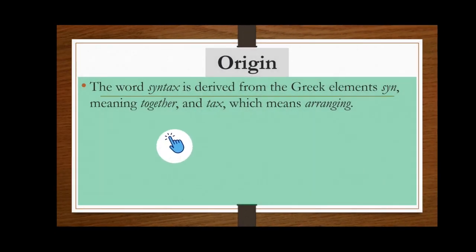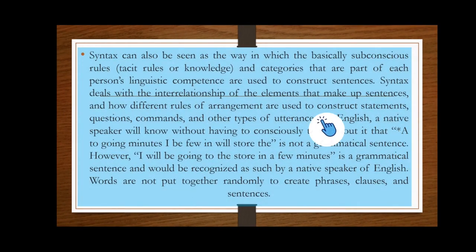Origin of syntax: the word syntax is derived from the Greek elements syn, meaning together, and taxis, which means arranging. Syntax can also be seen as the way in which the basically subconscious rules and categories that are part of each person's linguistic competence are used to construct sentences.